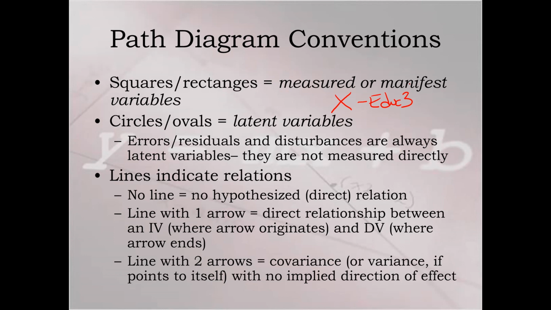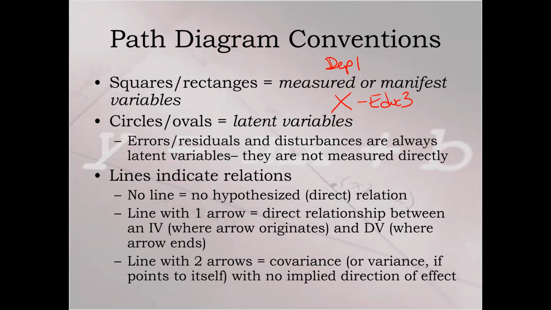We actually got that from a direct measurement of some kind, or we got that through the generation of a subscale score or a total score, such as when we did DEP 1, which was the average of DEP 101 through 104. But the point is that if it's a square or rectangle and you were to pull up the data frame, you would be able to find it in a column somewhere. Okay, that's what we call manifest.